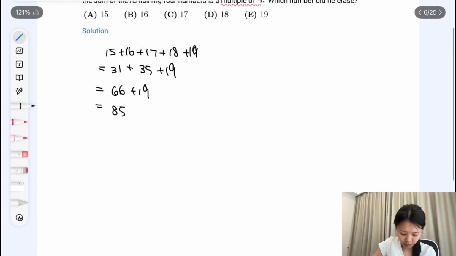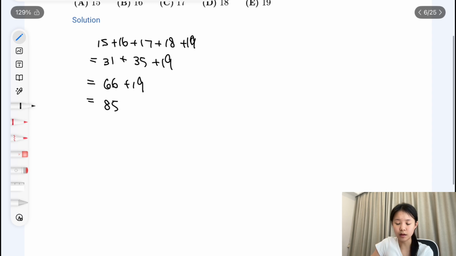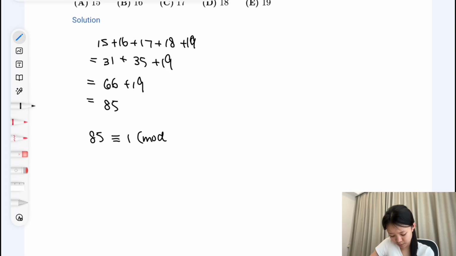Then we take the remainder, as that'll help us find out more easily which number is being taken away. As opposed to trying every number, we can see the remainder is 1. So we need to take away a number that also has a remainder of 1.